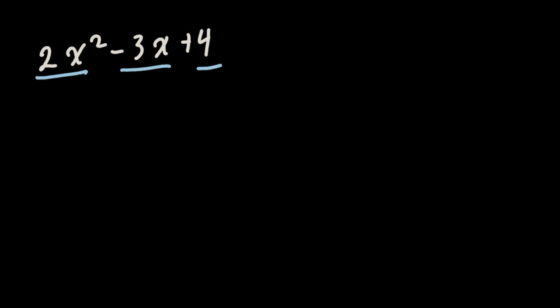So, we have the first case here: 2x to the power 2 minus 3x plus 4. The first thing that you can notice here is that we have 3 terms. So, we are calling this polynomial a trinomial.